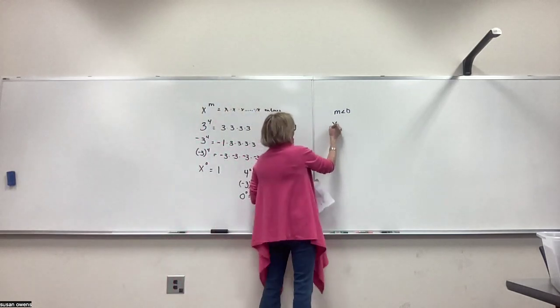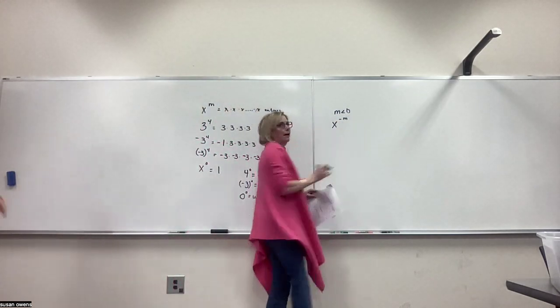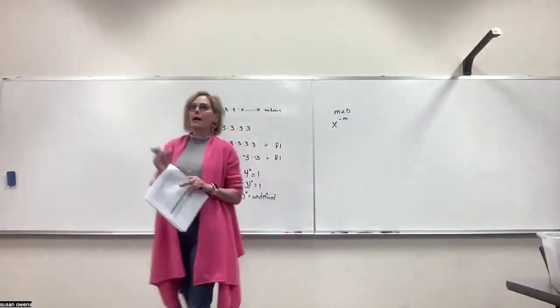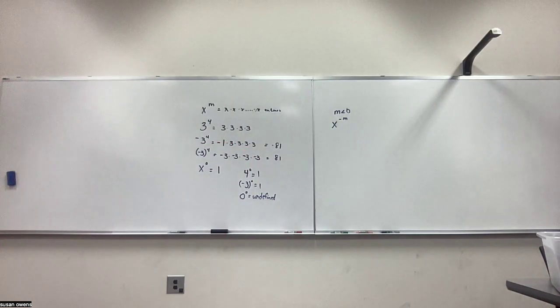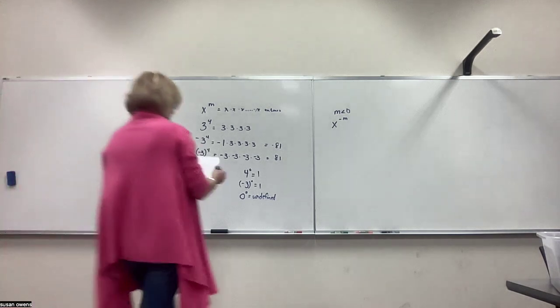So if we have x to the negative m, what a negative in the exponent tells us is, hey, I'm in the wrong place. If I'm a negative exponent in the denominator, move me to the numerator. If I'm a negative exponent in the numerator, move me to the denominator.